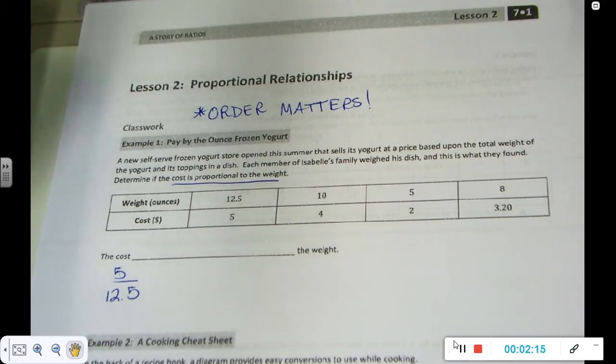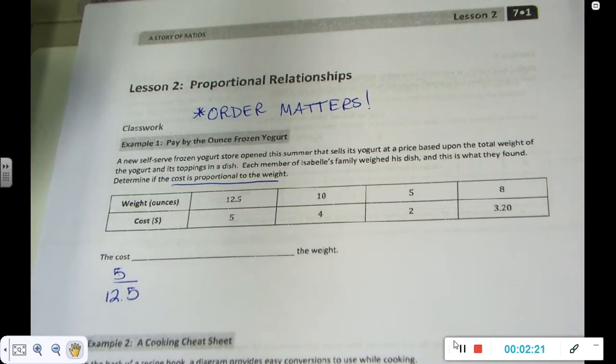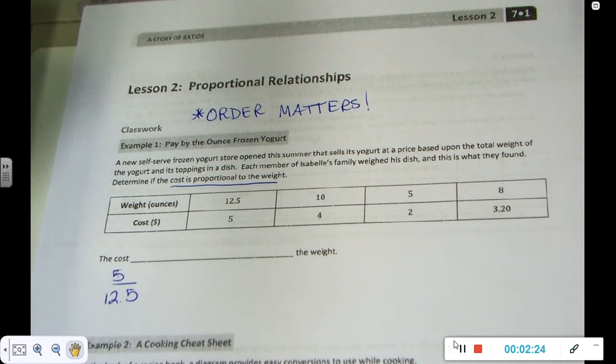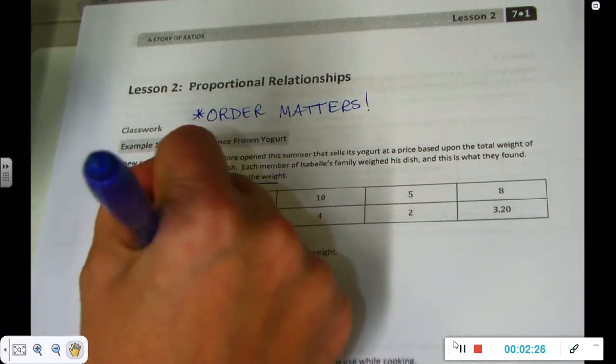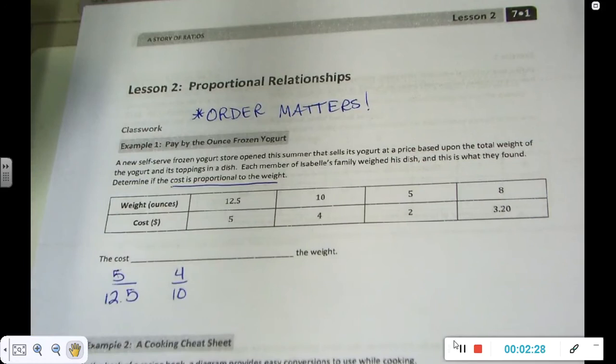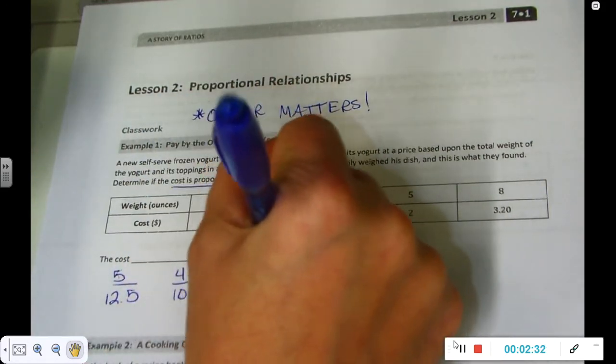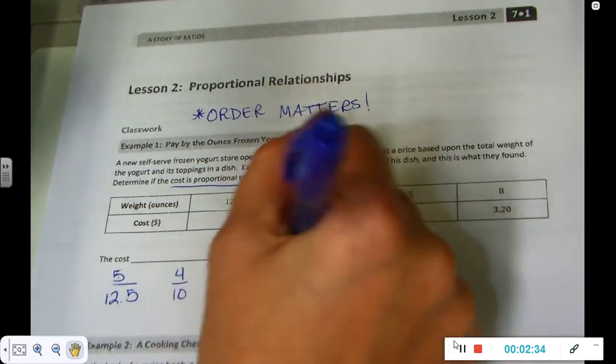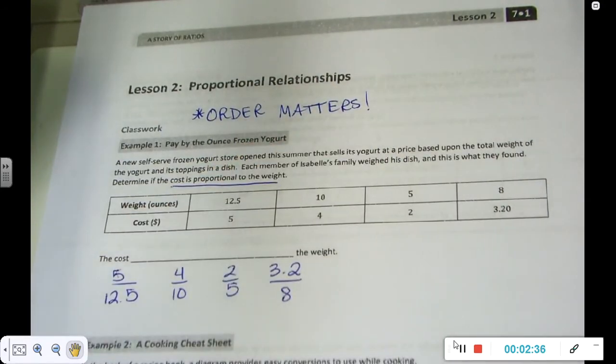I already know that a fraction doubles as division, so I can divide through with a calculator. That's why I am writing it this way. So 5 over 12.5, 4 over 10, 2 over 5, 3 and 2/10 over 8.